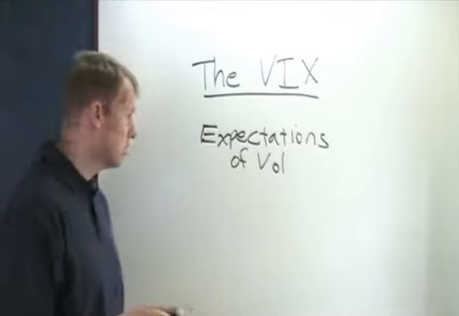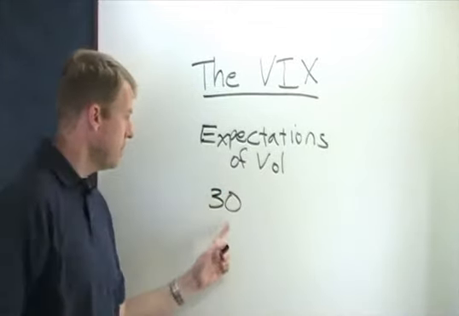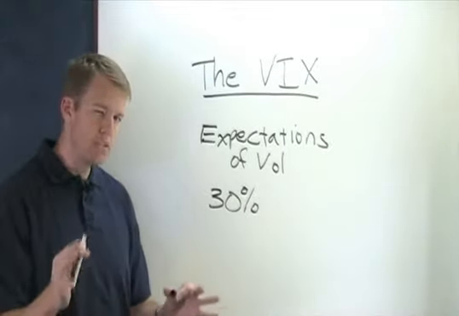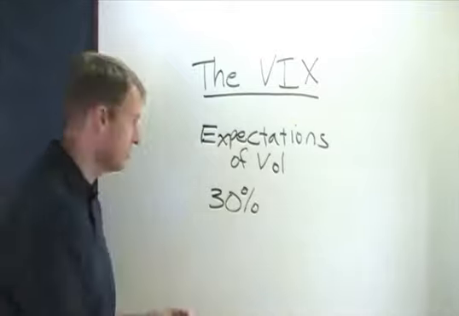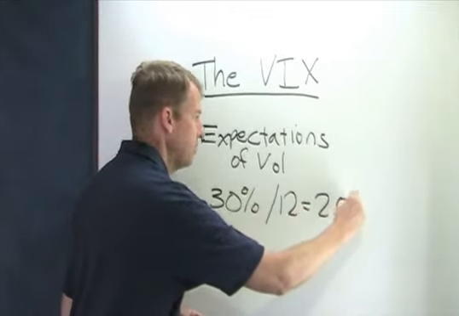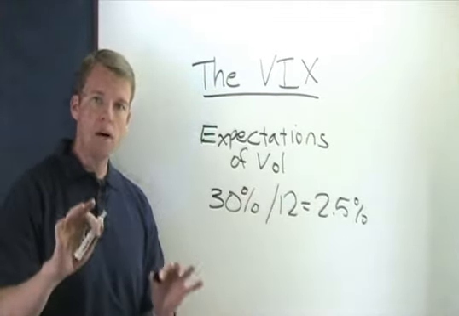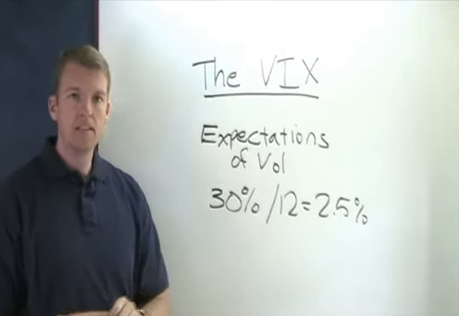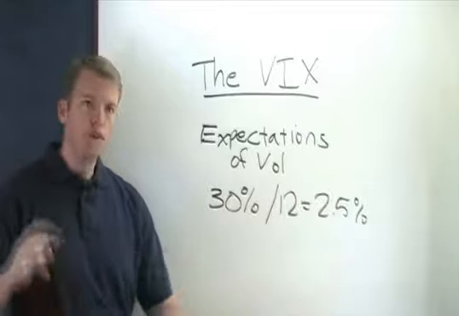So let's use an example. Today, right now, the VIX is reading about 30. One way you can look at it is that it's kind of like saying 30%. I mentioned it's an annualized number, which means that if you divide it by 12, you're going to get about 2.5%. That 2.5% is about the range that traders are anticipating that the S&P 500, a general stock market index, is likely to move up or down.